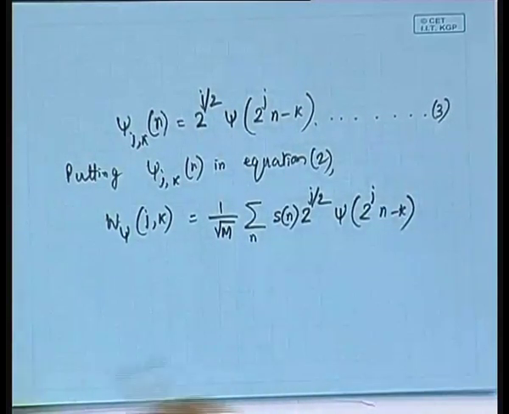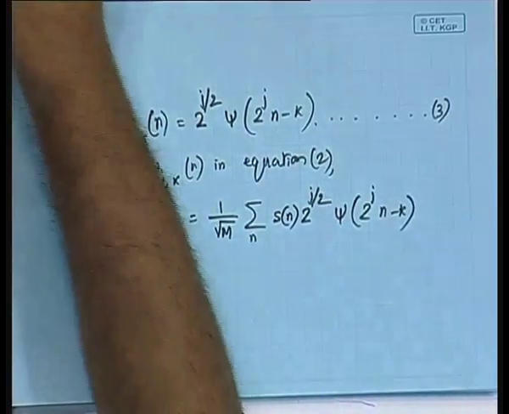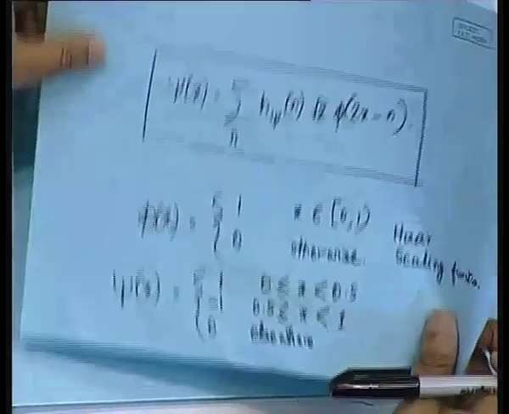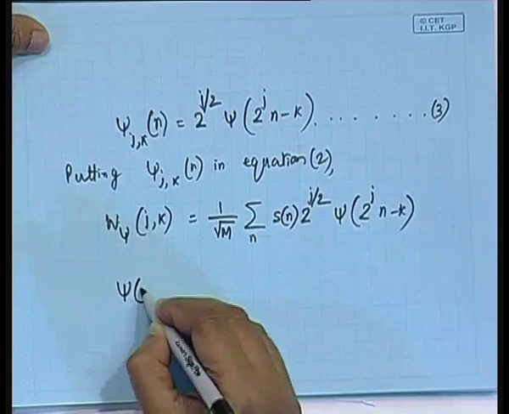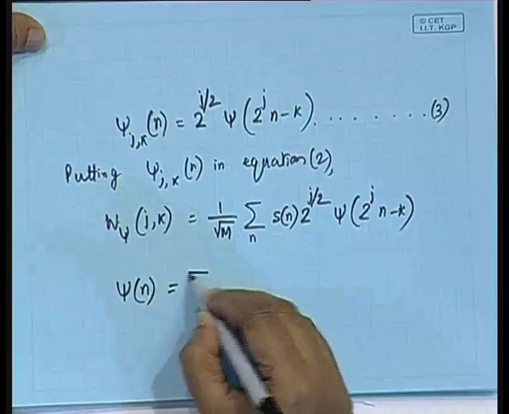Now, we had got another very interesting relationship, where we expressed the psi function as a series summation of phi function. In the new notation, I should be writing psi of n as a summation over a shift parameter.